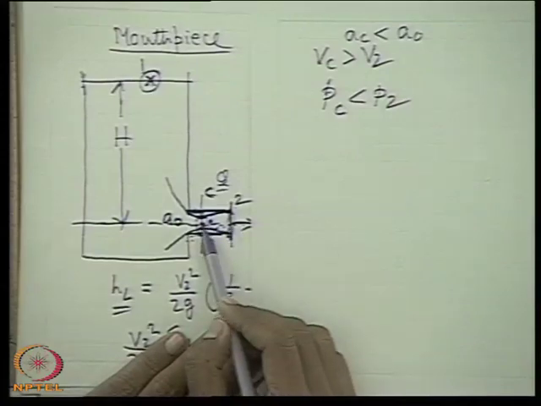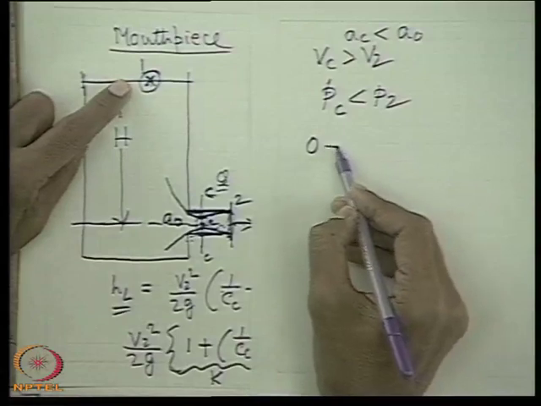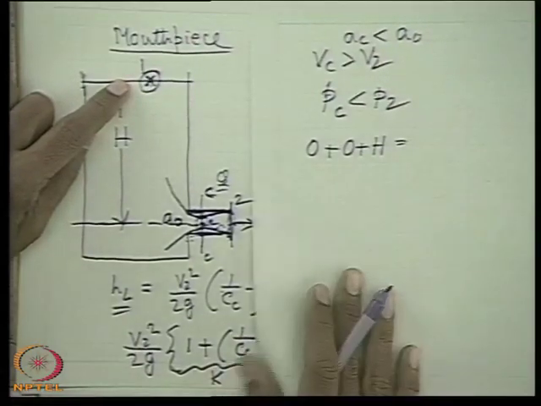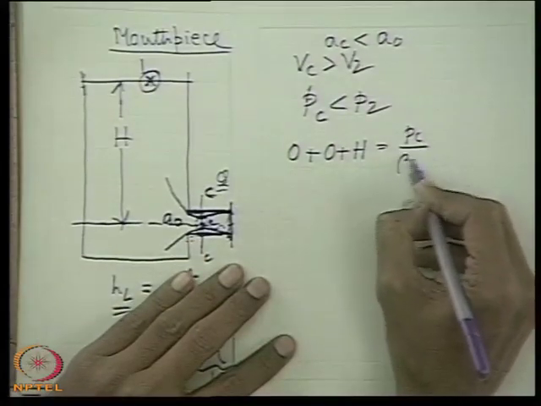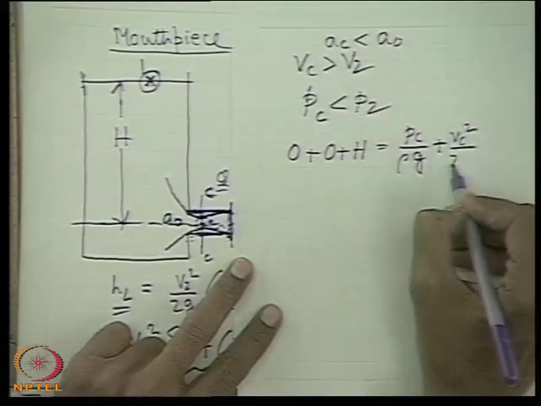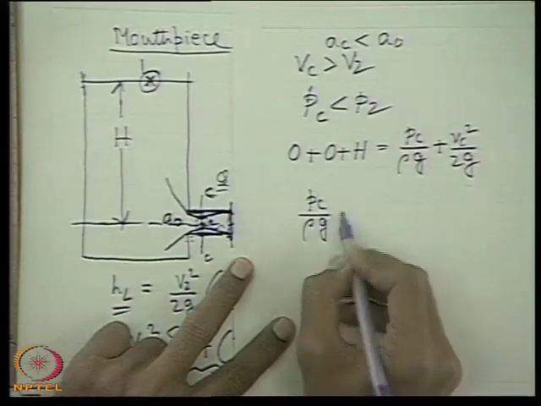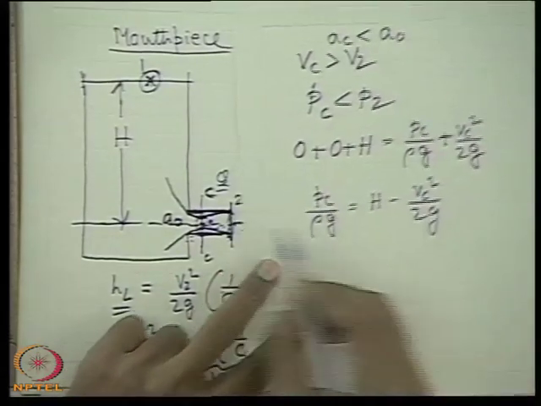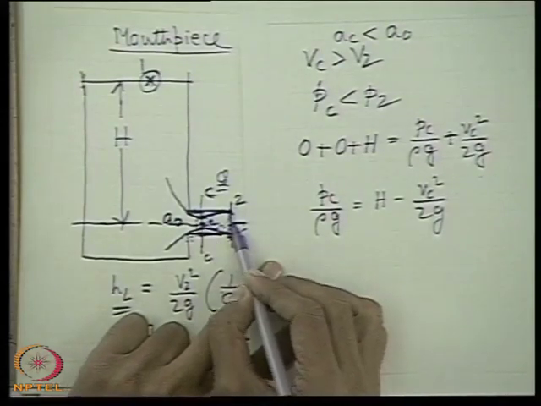All right, let us write point 1 and C. You write 0 plus H is equal to what? The point in question is PC by rho G plus VC square by 2G. All right, so PC by rho G is equal to, but I think this will not help. We want to find out how much it is less than the atmospheric pressure. So therefore you write between these 2 points.